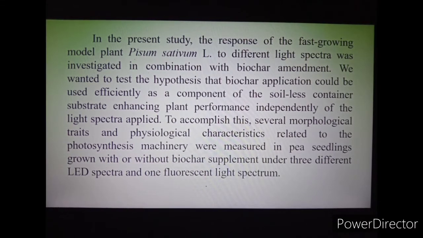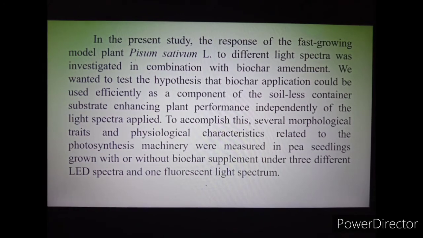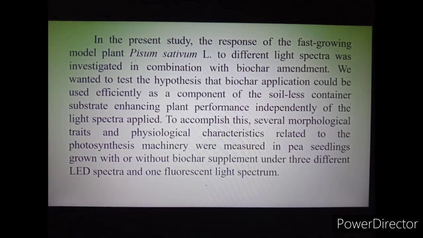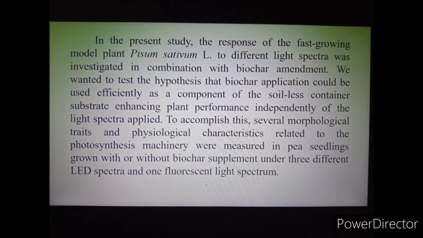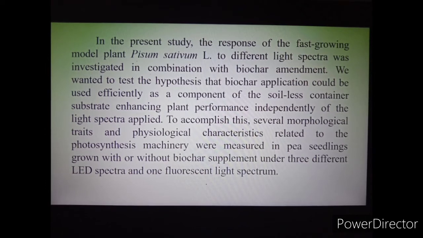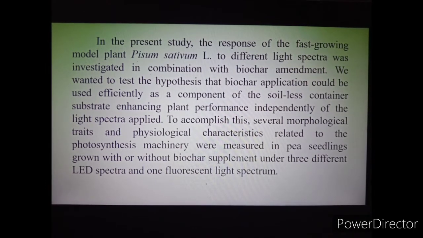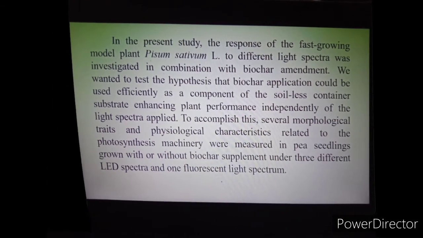To accomplish this, several morphological traits and physiological characteristics related to the photosynthesis machinery were measured in pea seedlings grown with or without Biochar supplement under three different LED spectra and one fluorescent light spectrum.